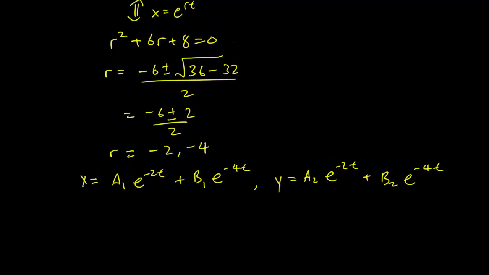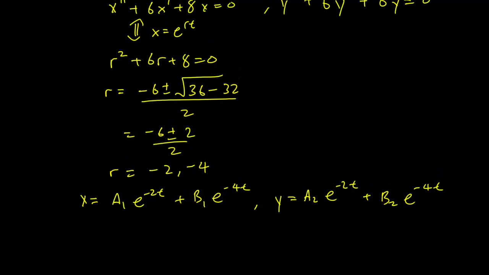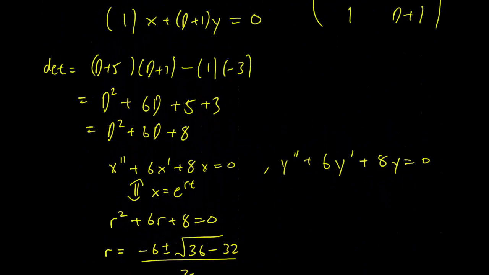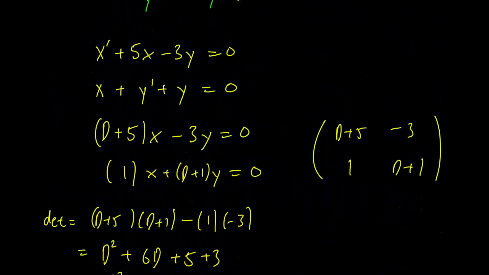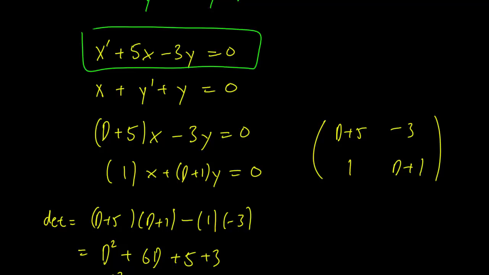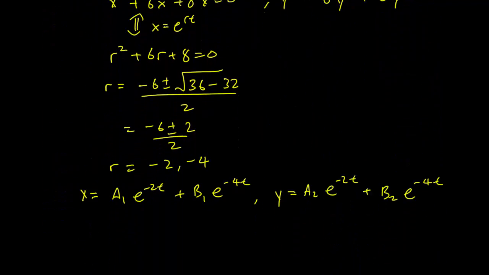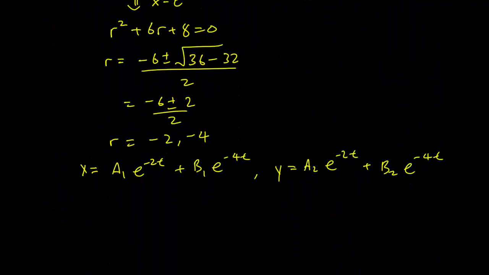What's happening is that some of the constants depend on other constants, so we can remove 2 of the constants. And how we do that is by taking one of the equations and plugging that in to see how we can eliminate some constants.